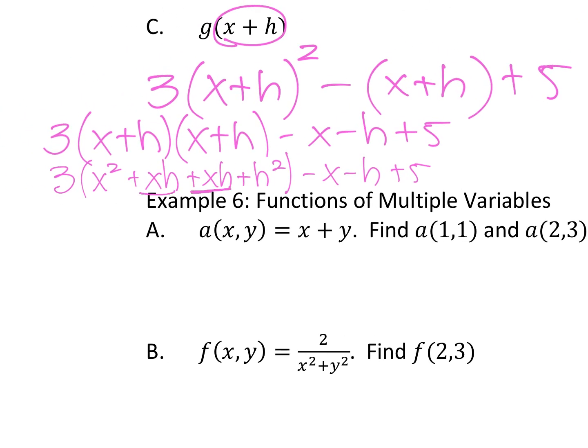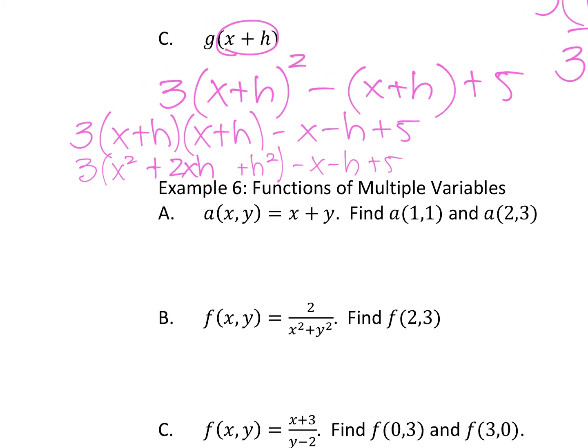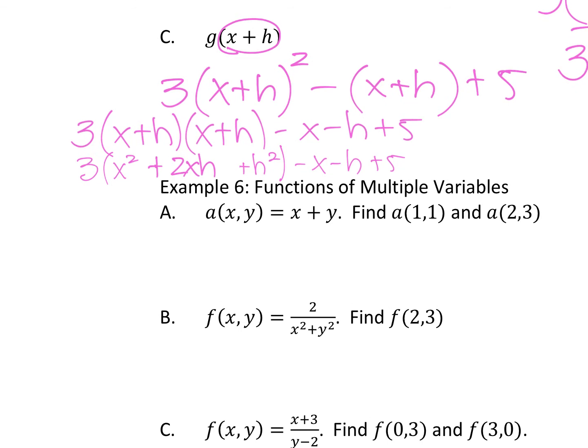This one and this one add together and give me what? All right. I'm going to just erase there so that I can show that and distribute in the next step. Okay? So that's 2xh. So then last step here would be to distribute what? 3. And combine like terms if you can.